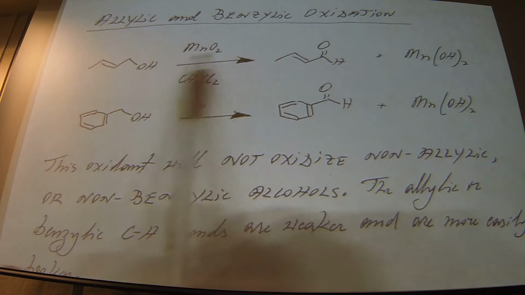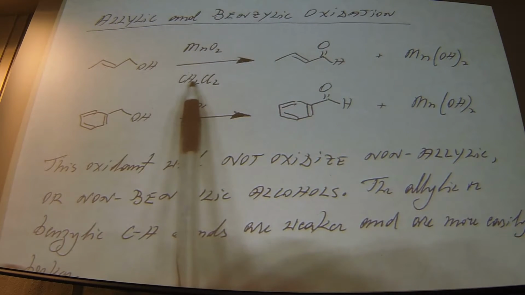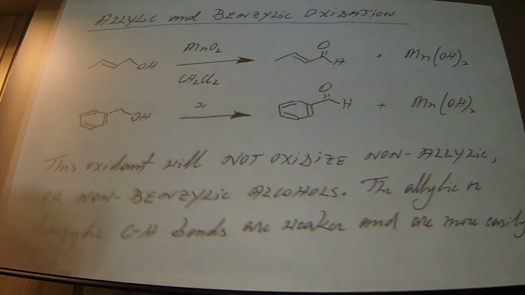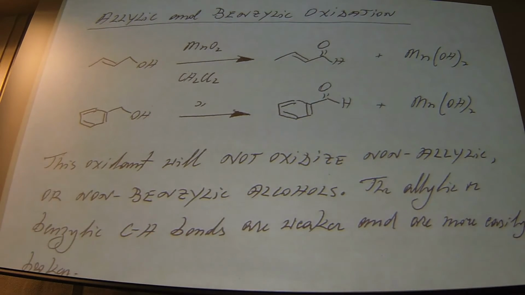What does that mean? It means that this stuff doesn't dissolve in dichloromethane, okay? So we've talked about heterogeneous reactions, right? And one of the things that I've told you is that the reactions that take place with a solid that doesn't dissolve take place on the surface of the solid, right? Because your reagent and the reactant only come together at that solid-liquid interface.